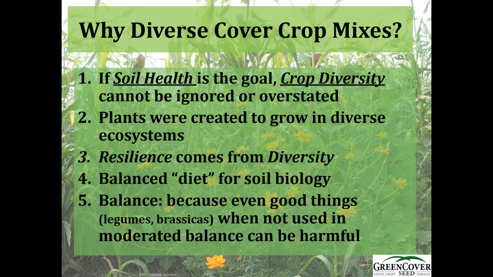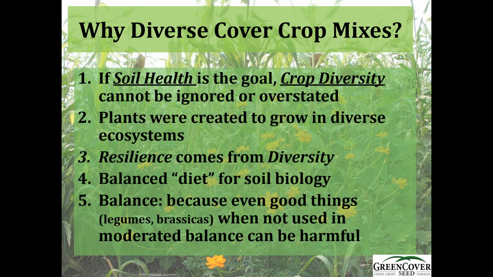Number three, resiliency comes from diversity. If you want your crops, your soils, your operation to be resilient, which means it has the ability to recover from a stress of some sort, whether it's a drought stress or a flood stress or any type of stress that might come its way, the more diversity you have, the more resilient that system is going to be, because you've got multiple different species that can step up to the plate when someone else goes down.